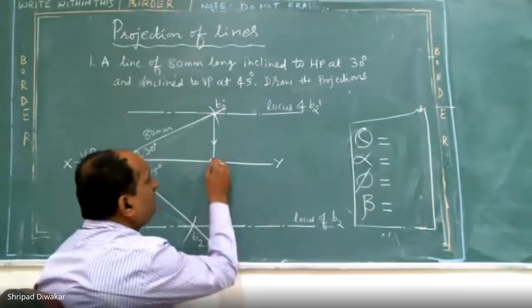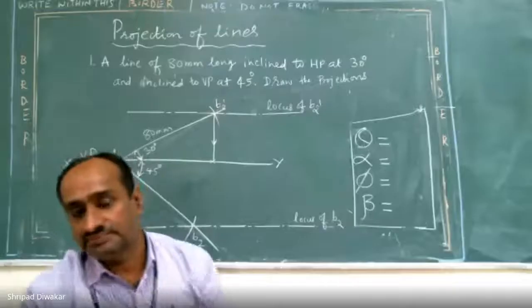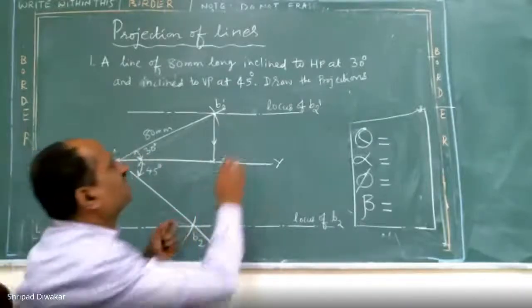So what is the notation? Can you tell me, anyone? Sir, it should be locus of B1 dash, no, sir? Not B1 dash. No, no. So after, sorry.